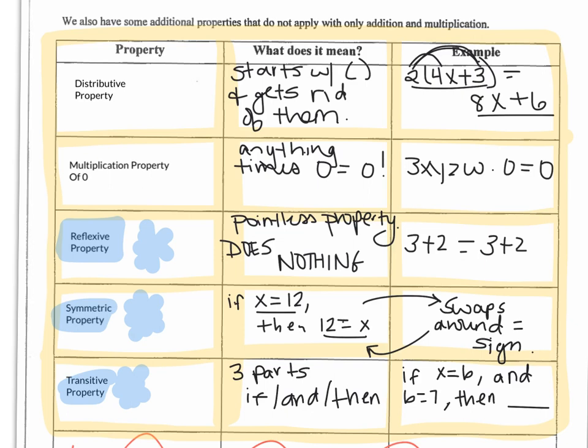If x equals b and if b equals 7, well, what can I conclude then? x equals 7, right? Because if x and b are the same and b equals 7, doesn't x also have to be 7? Yes. And if you notice, b is used twice, you slice out the middleman. My answer is what's left? x equals 7. So the transitive property is the weirdest word. It has the most parts. It has the word if, the word and, and the word then.